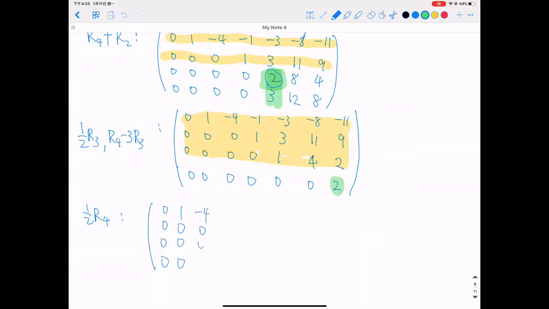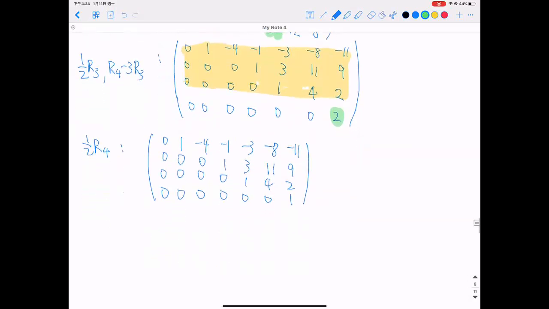Minus 4, 0, 0, 0, minus 1, 1, 0, 0, minus 3, 3, 1, 0, minus 8, 11, 4, 0, minus 11, 9, 2, 1.